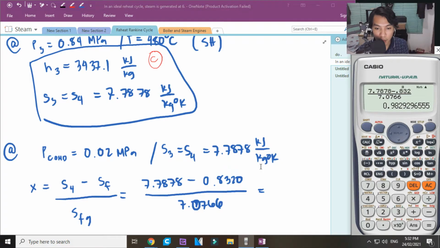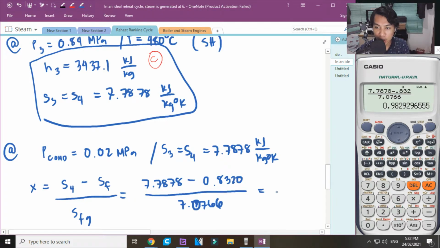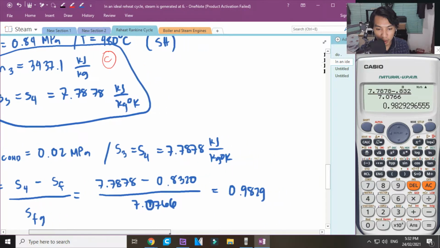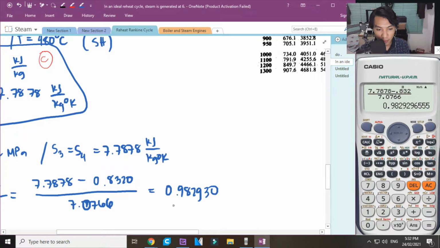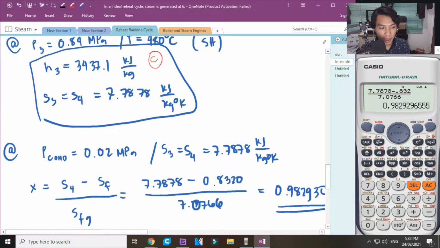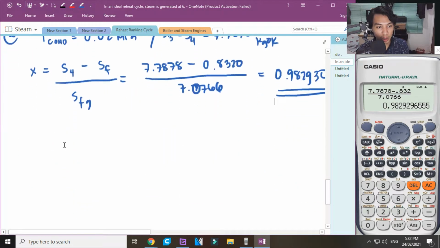Gawin natin to, dapat to mga 6 decimal places. 0.9829. I-round up ko na. That is the quality. And then how you will find yung H5. H5, di ba ang turo ko?